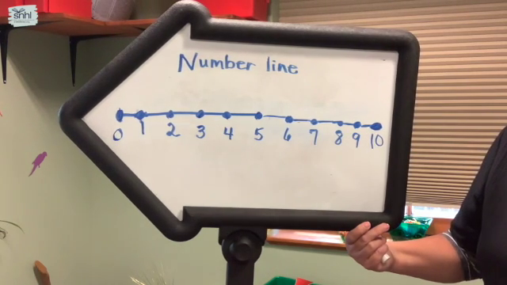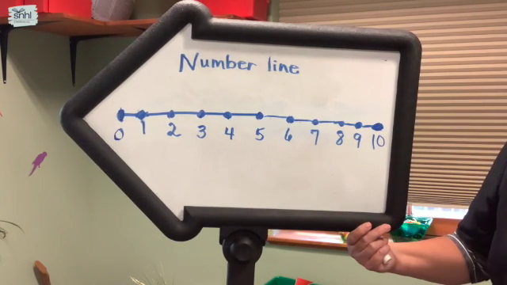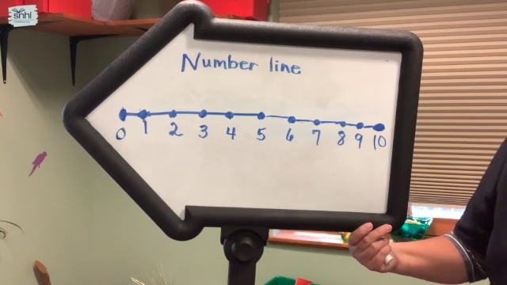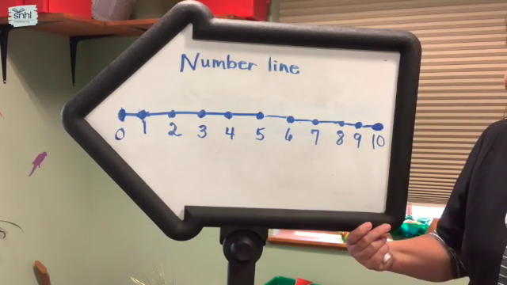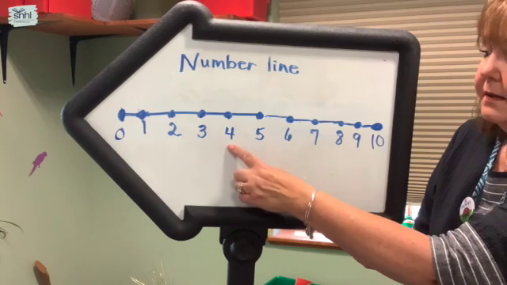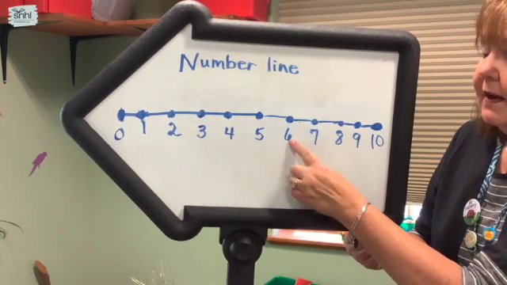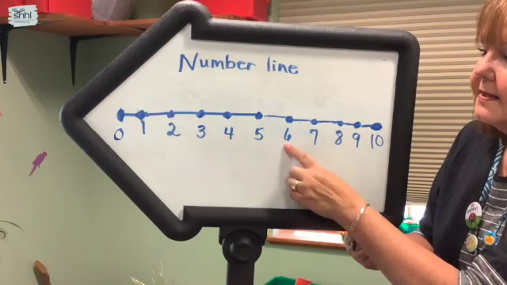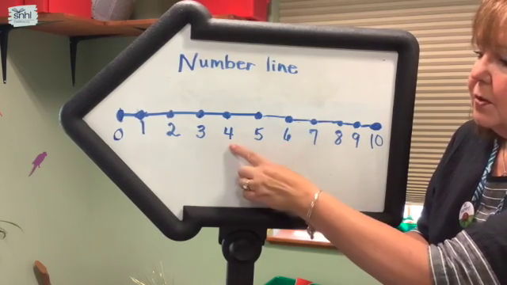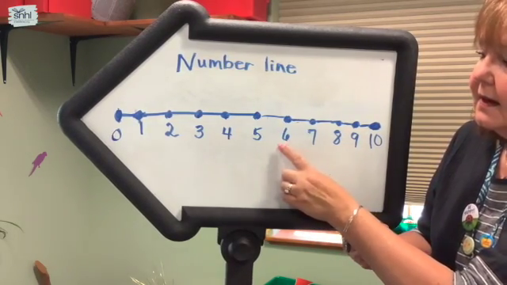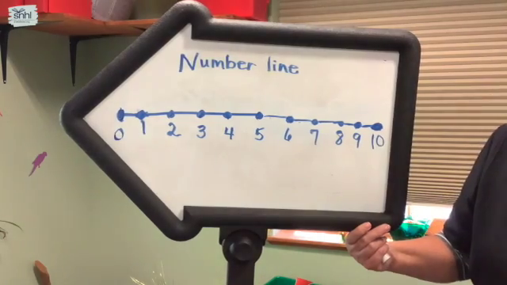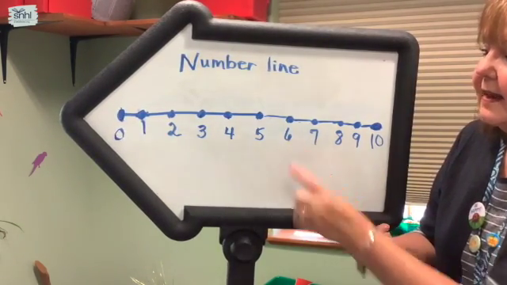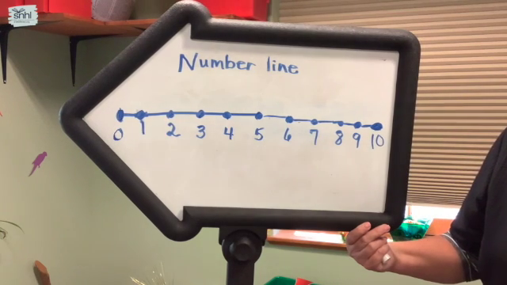Now, let's use the word between. Between. What number comes between the number 4 and the number 6? Between 4 and 6. That's right, the number 5. The number 5 comes between 4 and 6. Let's try that again.